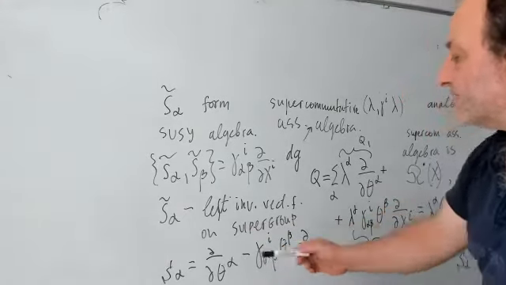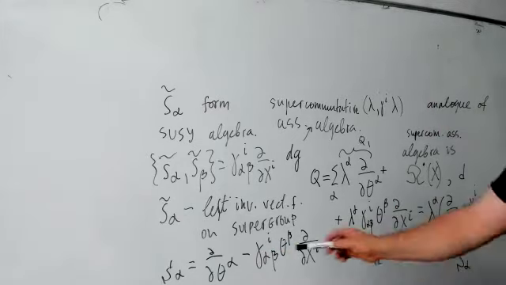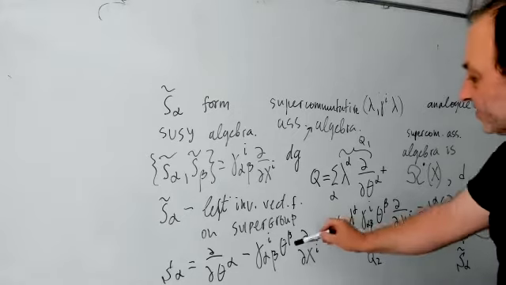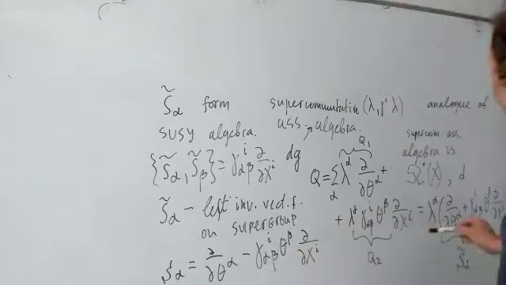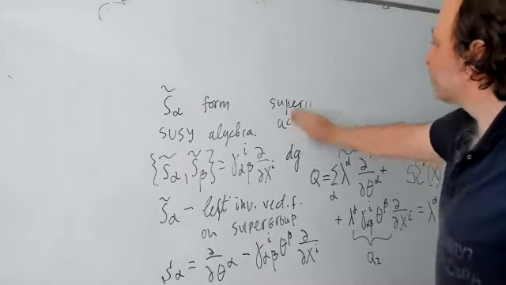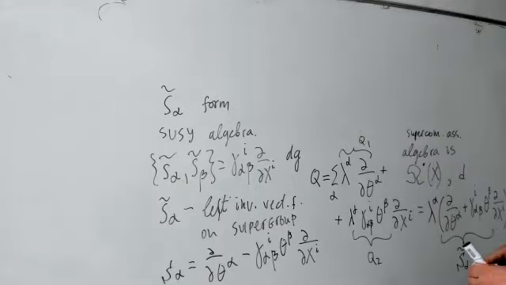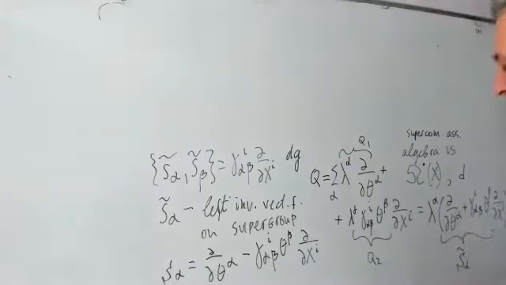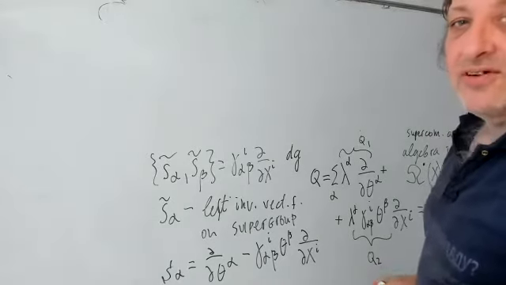The crucial thing is this minus sign. When you supercommute, this term that comes with minus is cancelled with this term that comes with plus. All this allows us to consider the analog of the covariant extension.